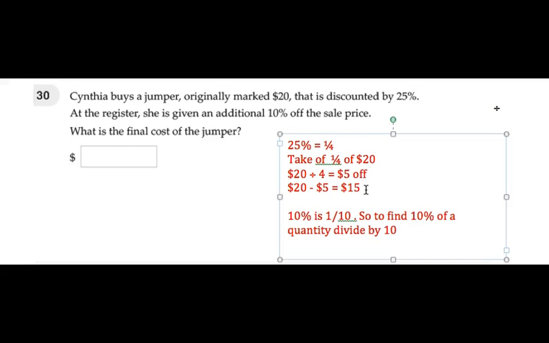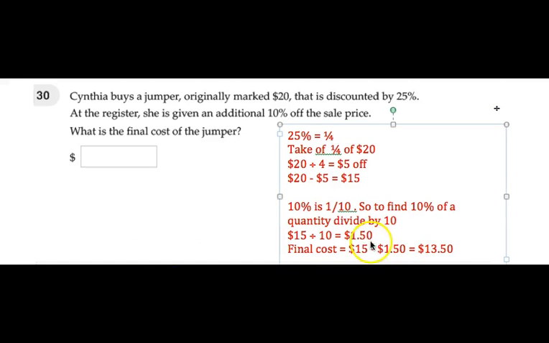So instead of being charged $15, we're going to do $15 divided by 10, which is $1.50. So this person will get another $1.50 off. And so the final cost will be $15 minus $1.50, which is $13.50.